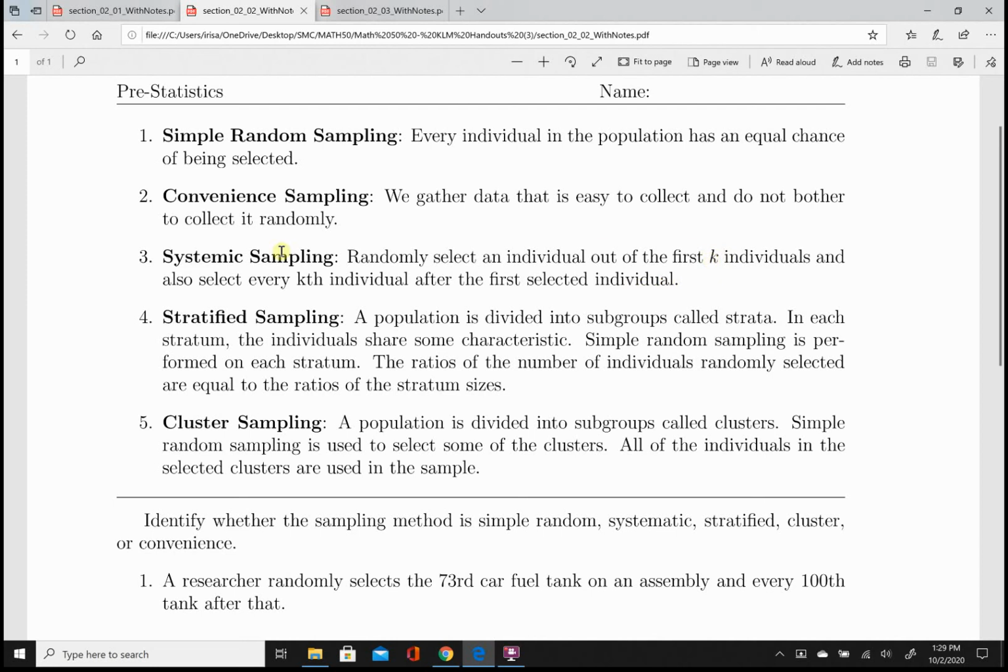Now, this K and this K necessarily being exactly the same value is not indicative of this type of sampling. It just means that you are choosing some number of individuals to pass by before you select the next one in your study. You could continue on that particular pattern, or you could slightly adjust the pattern, so long as there is a pattern afterward.